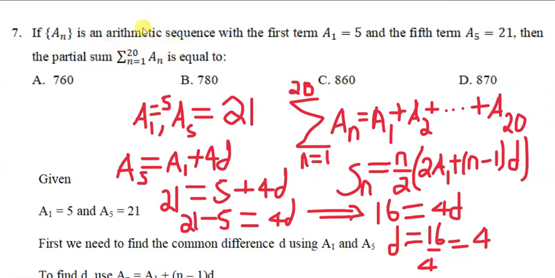This sum is exactly equal to a1, a2, a3 up to a20, the sum of a1 through a20. And this sum is in arithmetic sequence. Again, this sum is equal to n over 2 times (2 a1 plus (n minus 1) times d). We have a1, we have n, we have d.